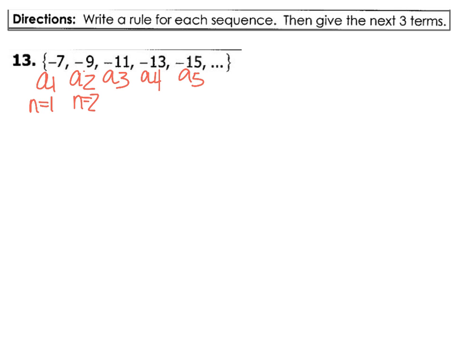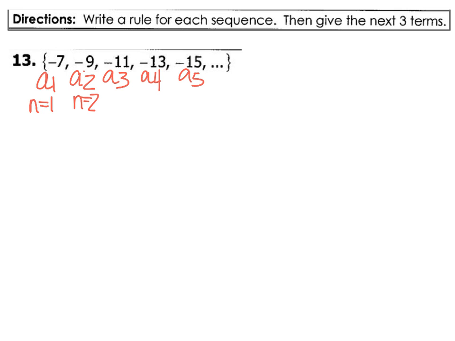We know that it's going down 2 every time. But we can't just say n minus 2, because that would be n is 1, right? We've got to use n in our rule. Now, what if we took n, multiplied it by negative 2, and subtracted 5.